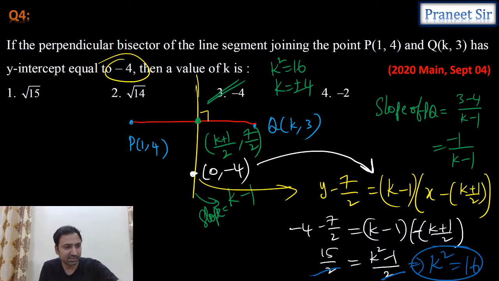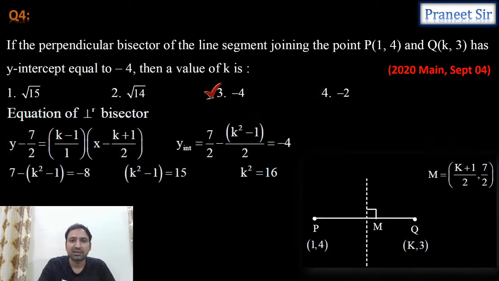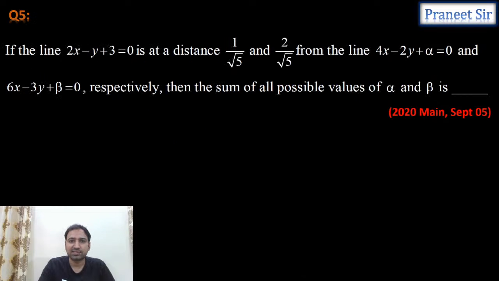Anyone has any doubts, guys? So midpoint we calculated, perpendicular bisector we calculated, and finally the perpendicular bisector passes through the point (0, minus 4), because the y-intercept is minus 4, so compulsorily it should pass through (0, minus 4). Okay, very good. Right, perfect. Chalo, let's move to the next one.